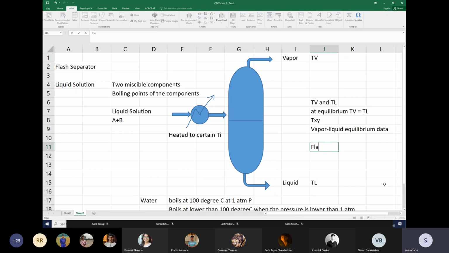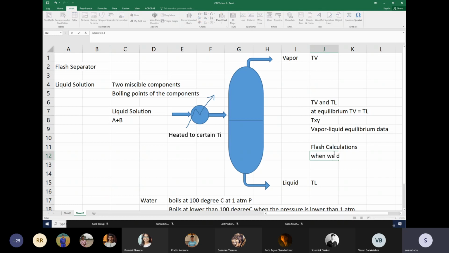I'm sure you all have done the flash calculations. Flash calculations are used when we don't know the temperature.